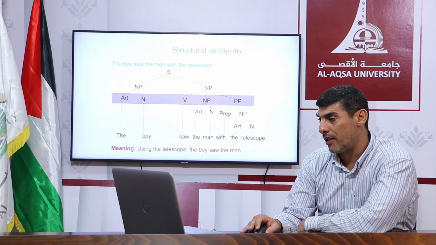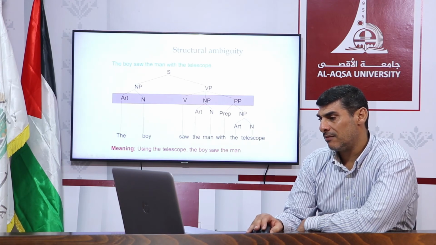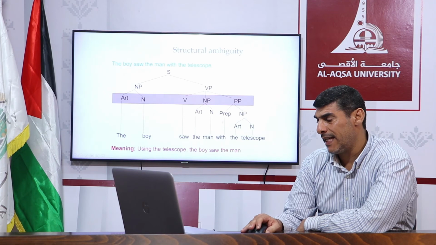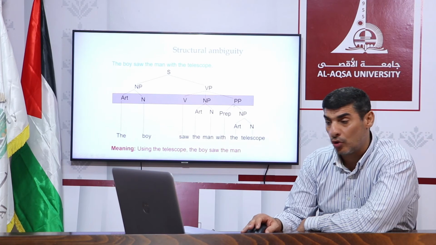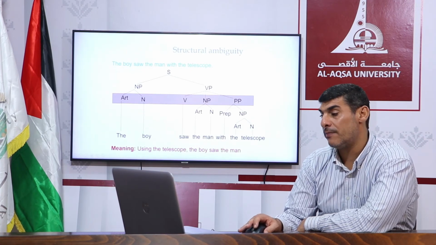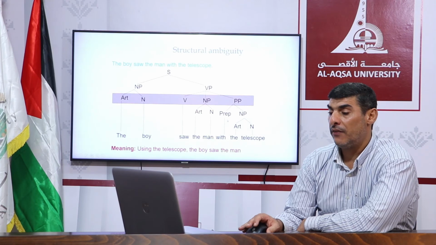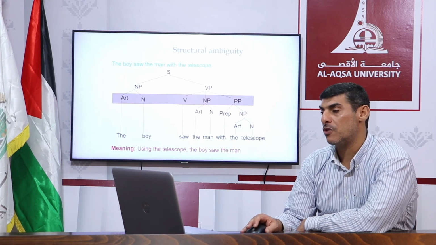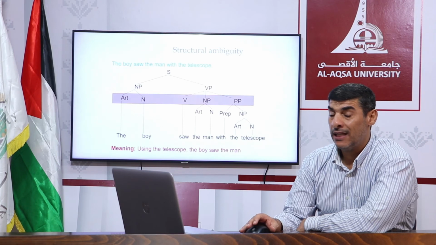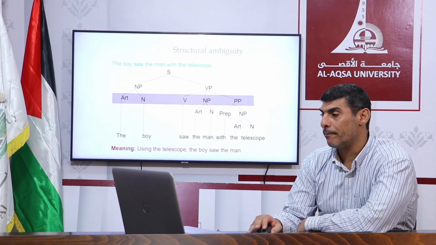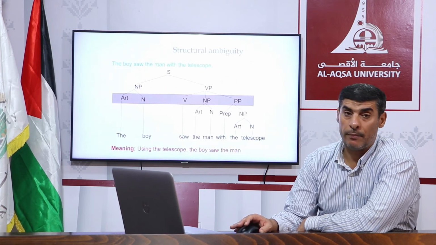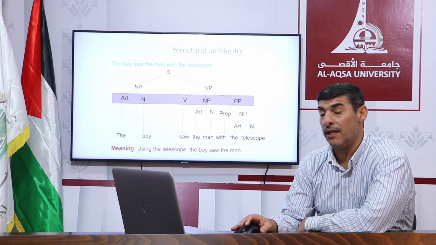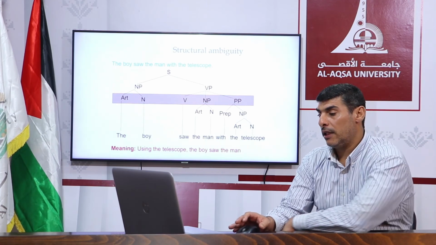Remember, we have three rows: article, the, and noun, man, and then the verb phrase. From the verb phrase, we must have two rows, the preposition and the noun phrase, because we have with a telescope. If I say I found Muhammad in the room, let's suppose we have the verb phrase in the room. So here we have a verb phrase, and then we have a preposition, and then we have the noun phrase, then we have the article and the noun. Okay, and so on.